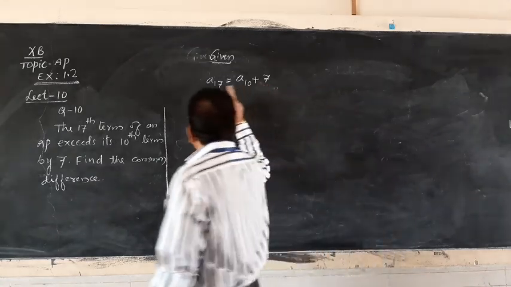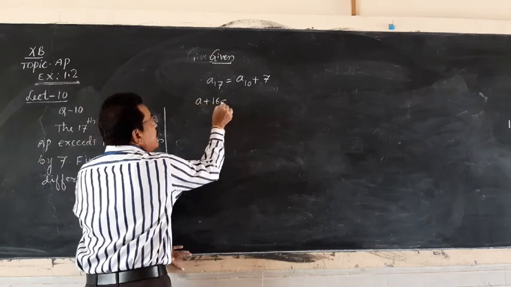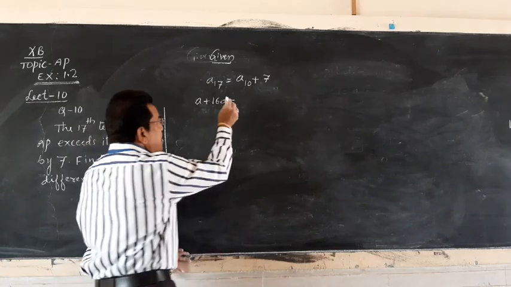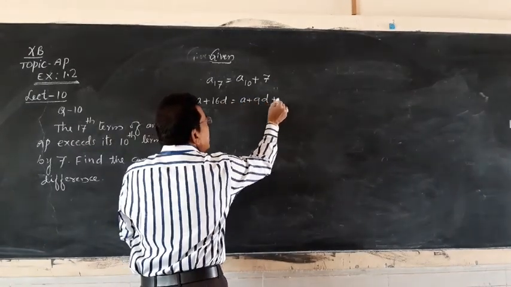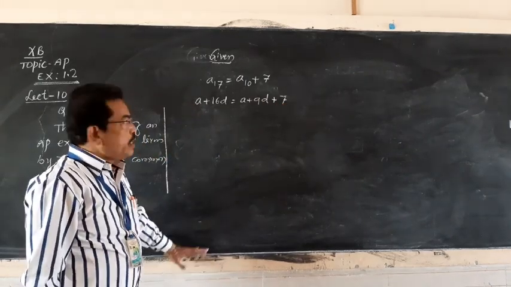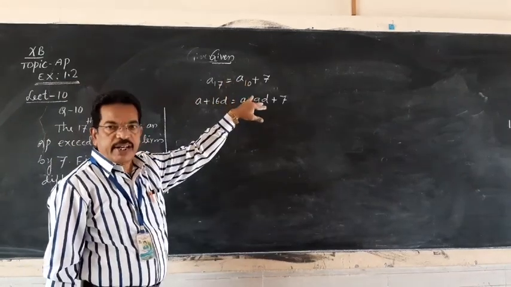Now A17 means A plus 16D, and A10 is A plus 9D, plus 7. I hope you have understood. The 17th term of an AP exceeds the 10th term by 7.